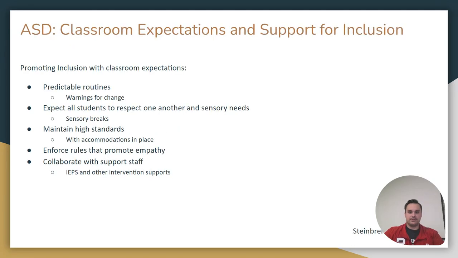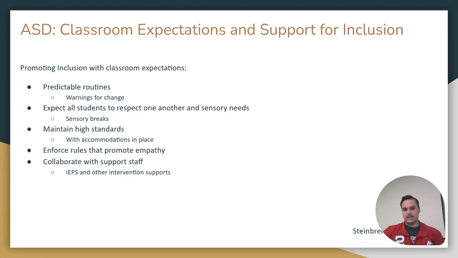Then classroom expectations and support for inclusion. As educators, we can build inclusion through things like predictable routines, giving warnings before we transition to a new subject or a new area or a new task, having sensory friendly environments, and consistent expectations for those students.